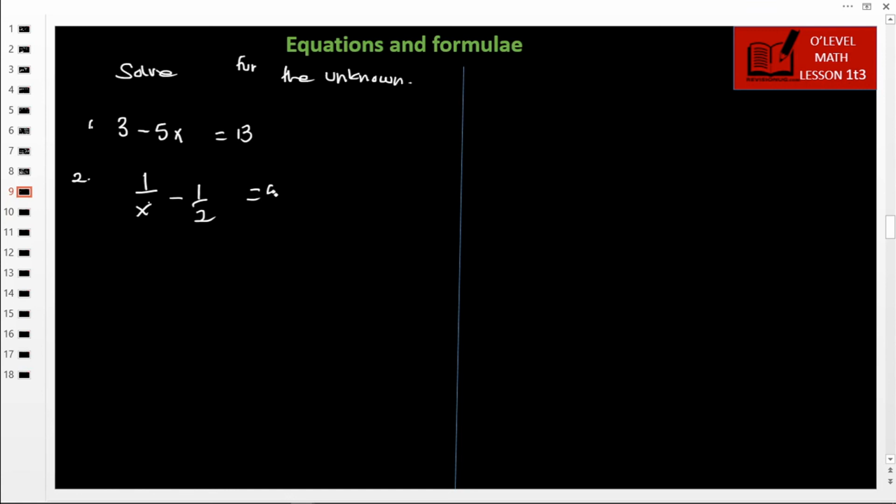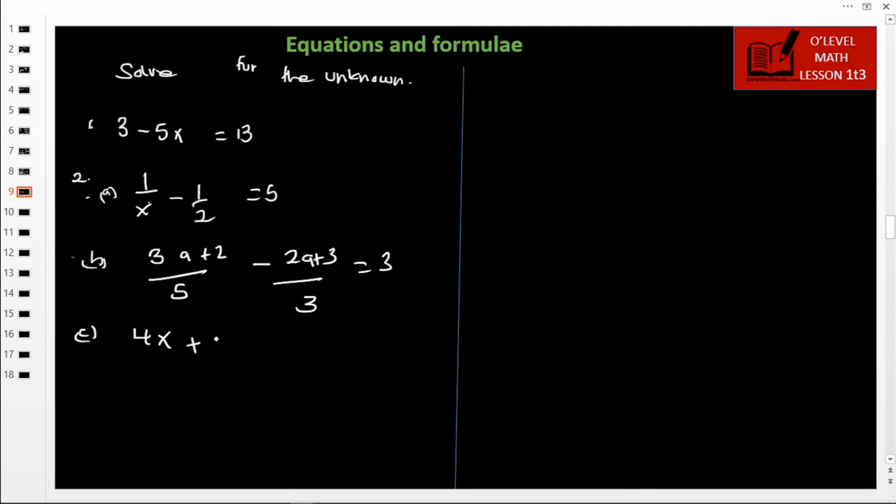a half is equal to 5. Then 2a. Then 2b, it is (3a + 2) out of 5 minus (2a + 3) out of 3, giving us 3. Then I will have c, which is 4x plus 3 is equal to 6x minus 4.